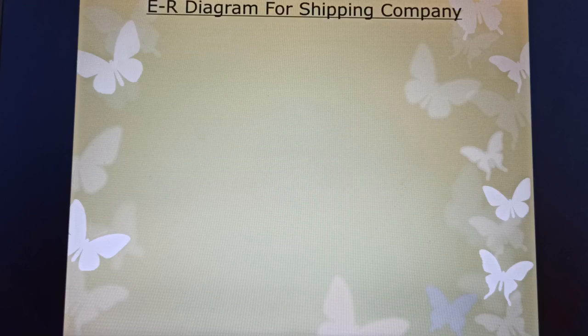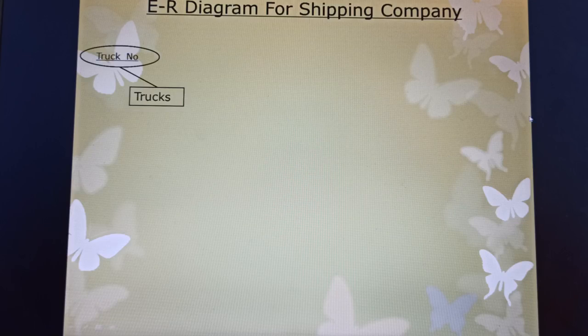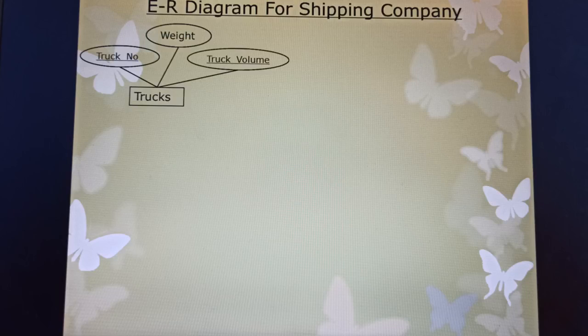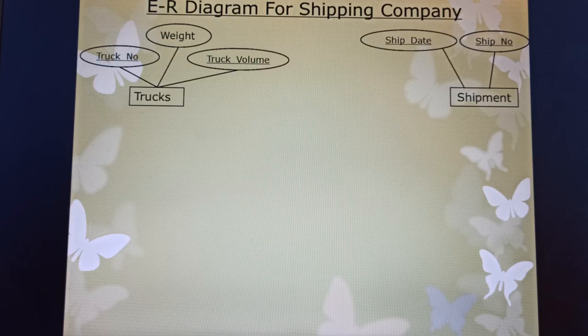Now we have to first identify the entities, and the first entity is trucks. To identify trucks, we need truck number, weight and truck volume. Another entity is shipment. To identify shipment, we need ship number and ship date.